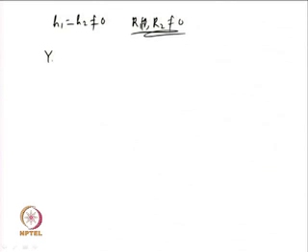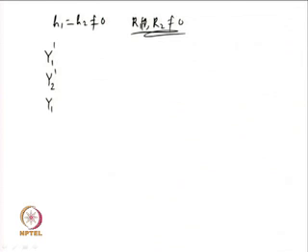Then the outputs Y1 and Y2 at the first instant will be denoted by Y11, Y21, and similarly the outputs at the second instant, when the temporal input is given, are Y12 and Y22.